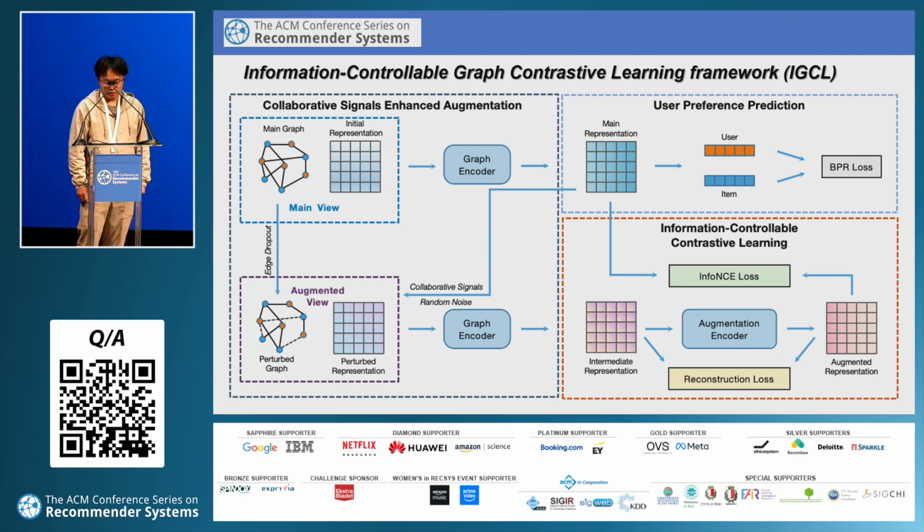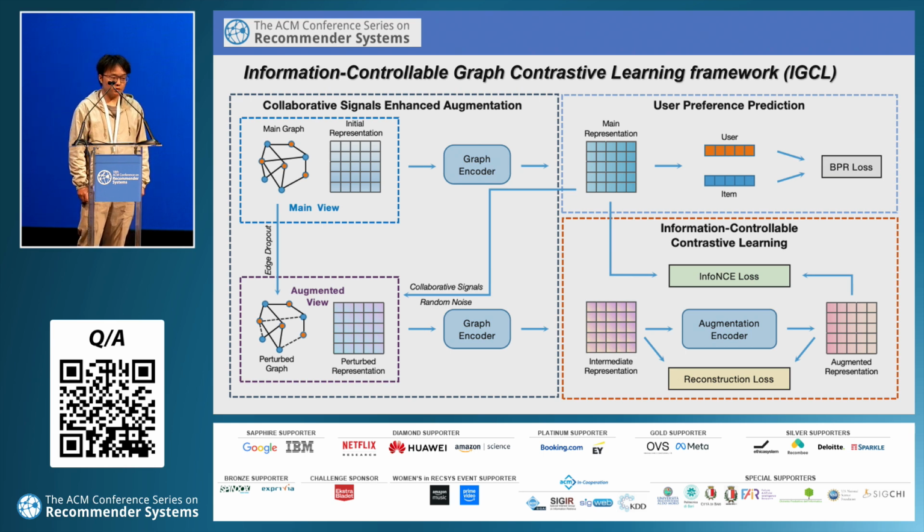The first is the Collaborative Signal Enhanced Augmentation, CSEA module. This module aims to generate augmented representations that retain high-order collaborative signals, which is crucial for making recommendations. Instead of relying on traditional rule-based perturbations, this module directly incorporates collaborative signals into the augmented views.